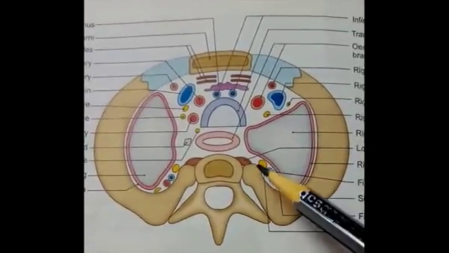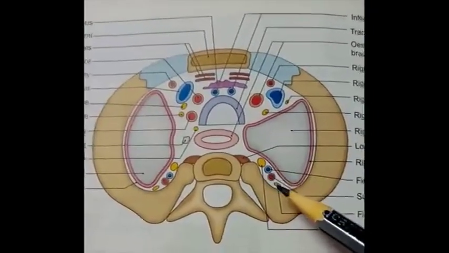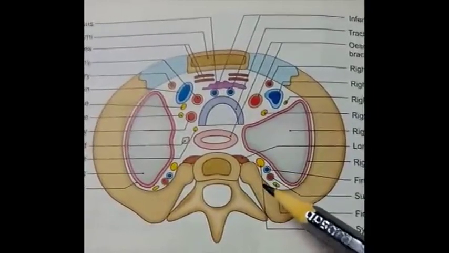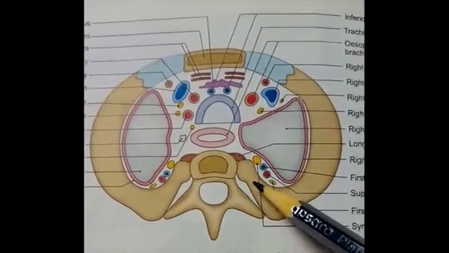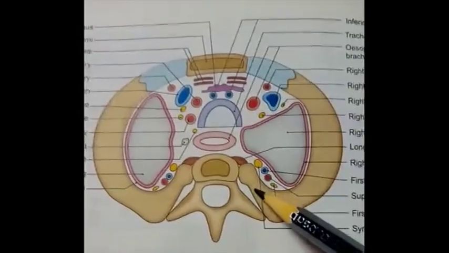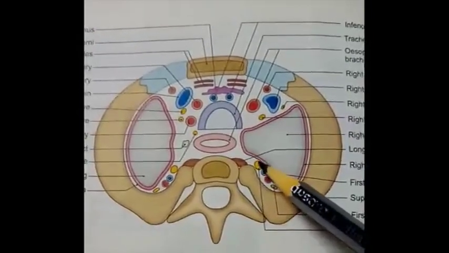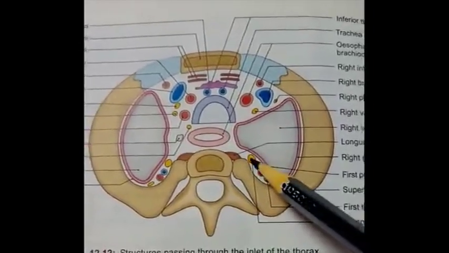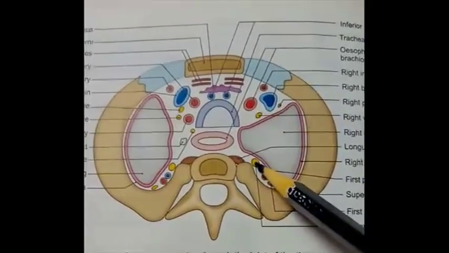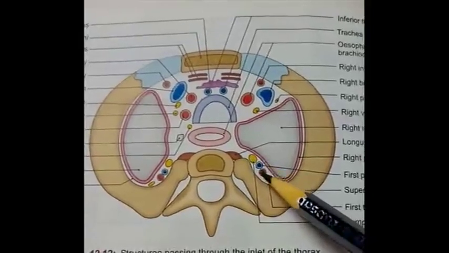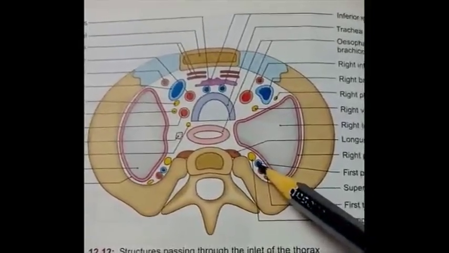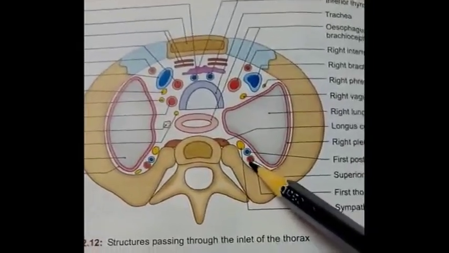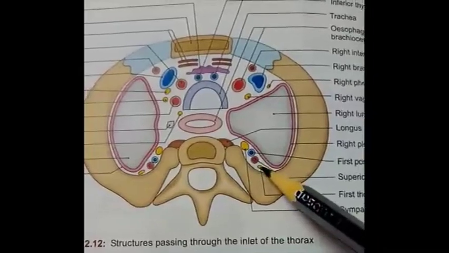Here the posterior structures present to the cervical pleura are, first, the neck of the first rib, and other structures present anterior to this neck of the first rib are the sympathetic trunk. This yellow color structure is the sympathetic trunk, then first posterior intercostal vein, then superior intercostal artery and first thoracic nerve.